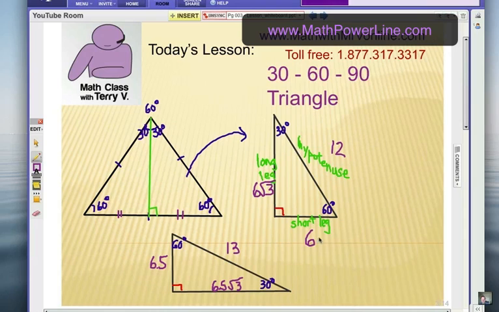And if we also take the short leg and attach a radical 3 to it, square root of 3, that's the long leg. All right, so if you kind of think backwards here, if you know the hypotenuse, you take half of it to get the short leg, and then you attach a radical 3 to it to get the long leg. So that's how all those sides of that kind of a triangle are related.